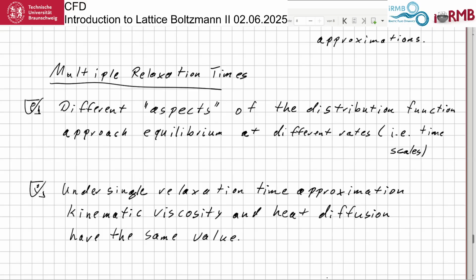So the diffusion coefficient of heat and the diffusion coefficient of momentum are not the same, but if we attach a single relaxation time to the entire distribution, they are the same. So actually this concept of a single relaxation time, you could say it's experimentally disproven. Yeah? It's not true. It's just a model.